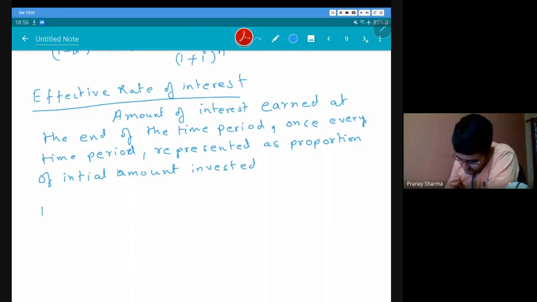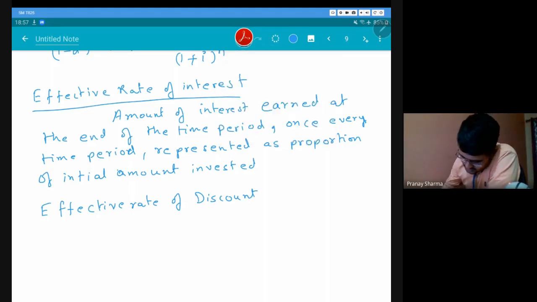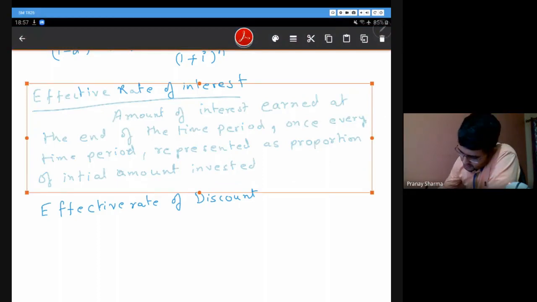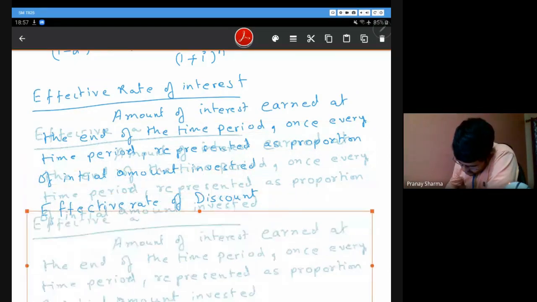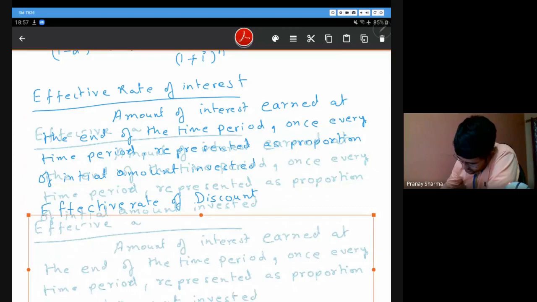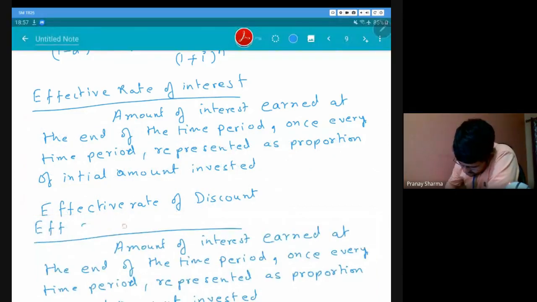Okay. So now we'll talk about effective rate of discount. What I will do is I will select the same thing, copy and paste it down here, and first of all I'll remove this.